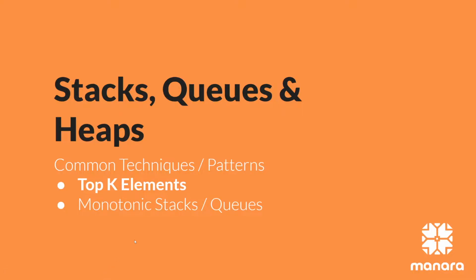I'm Matt here with a quick video on stacks, queues, and heaps. In particular, this video is on a common technique that uses heaps, which is the top k elements technique. In this technique, you're given a list of elements and you need to return the highest k of those elements.